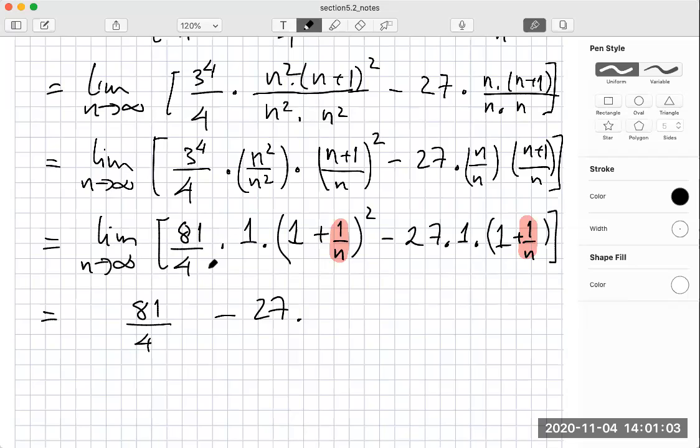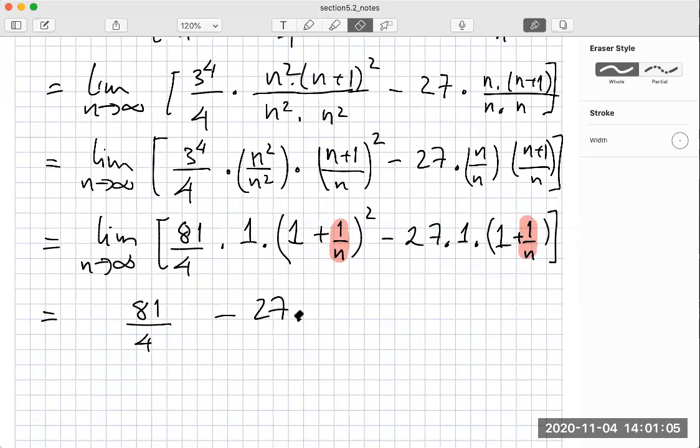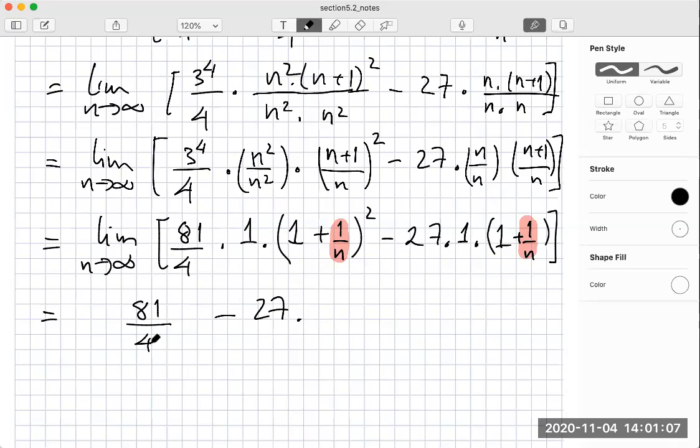Right. Then very well. This is a whole number and a fraction, so we can multiply by 4 divided by 4. Now they have the same denominator. So it would be 81 minus 27 times 4. And finally, it would be negative 27 divided by 4.